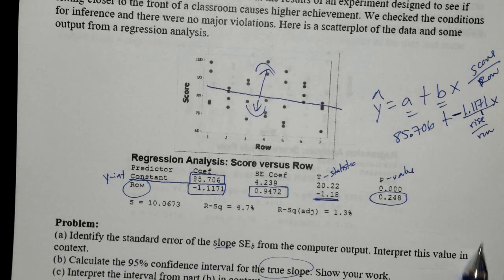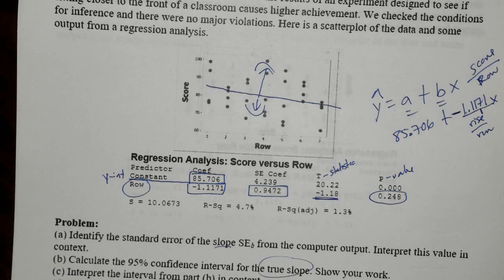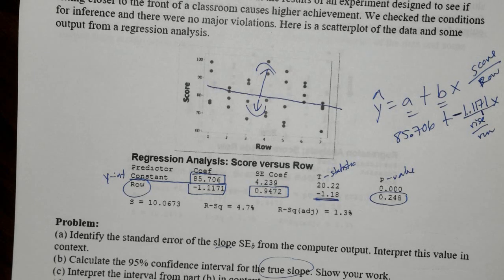What do we get here? Let's do some math real fast because this will help us answer the question so you can kind of get an idea of things. 0.9472 times 2 is 1.8944. We're doing negative 1.1171 plus or minus 1.8944. On the plus side, we would have 0.7773.